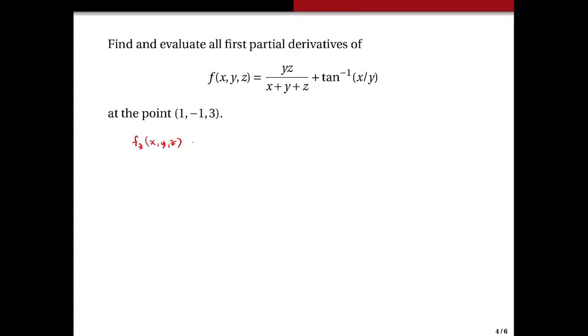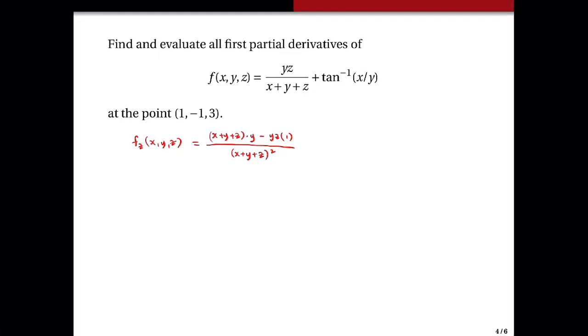So we have low, so x plus y plus z, times the derivative of the numerator with respect to z, so times y, minus high, which is yz, times the derivative of low with respect to z, that's just 1 again, over the denominator squared, so x plus y plus z quantity squared.